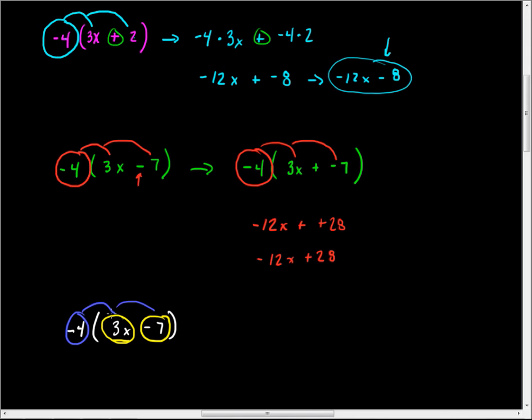So when I distribute this, negative 4 times positive 3x gives me a negative 12x. But a negative 4 times a negative 7 gives me a positive 28. And it works every time. It's simply how you rewrite subtraction. That's all it is. So the distributive property is not really that bad.